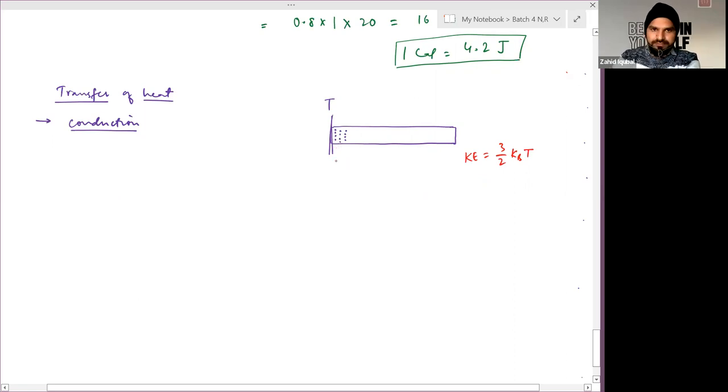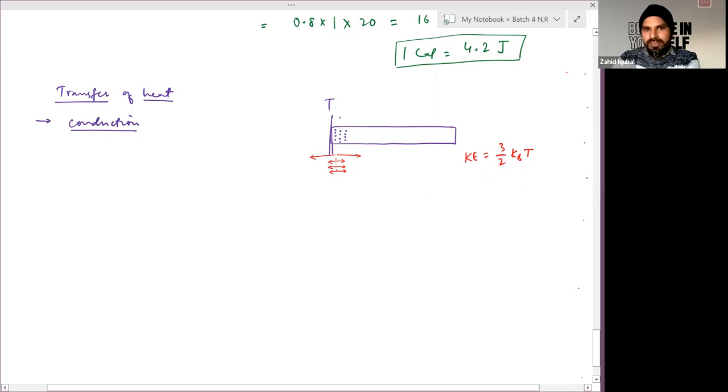Initially, they will be vibrating to some smaller distance up to this point. But on increasing their temperature, they will tend to vibrate to some larger distance like this. So on increasing thermal kinetic energy, the vibrational energy of the particles increases.